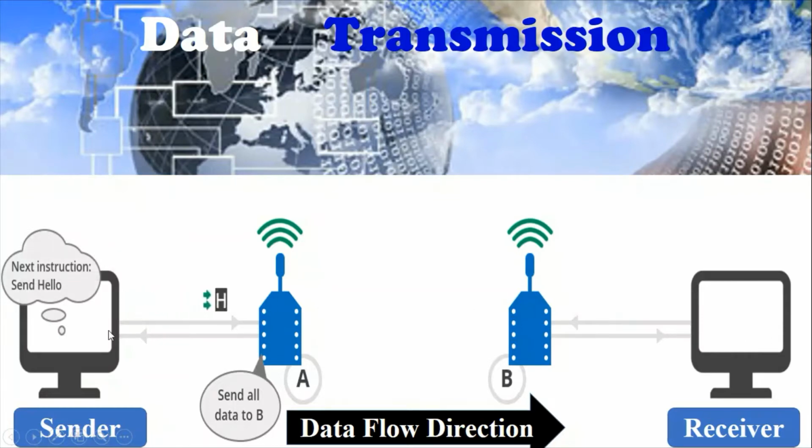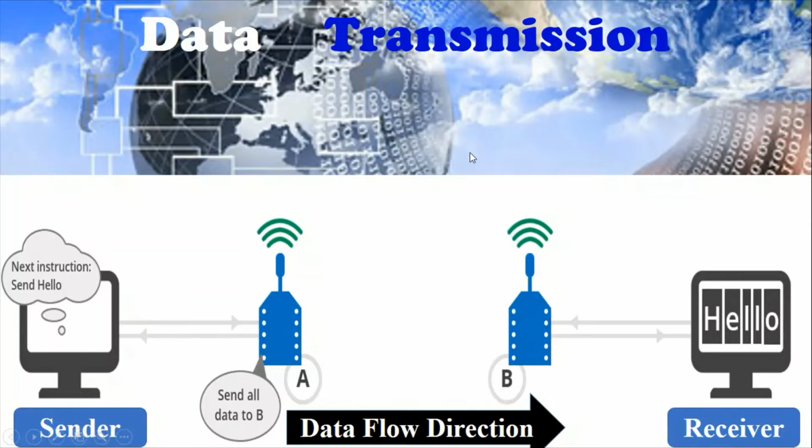Again the computer is sending the same word hello, character by character towards the other device. So we will discuss in transmission modes how data could be transferred character by character.